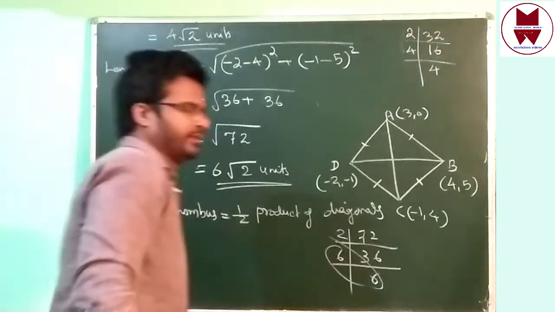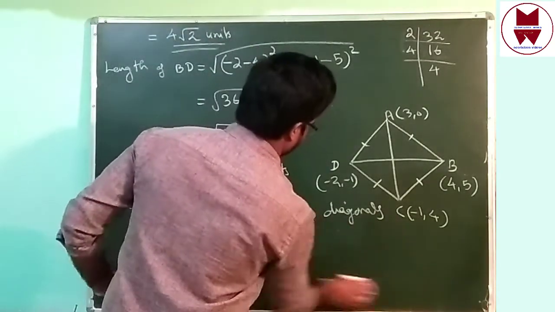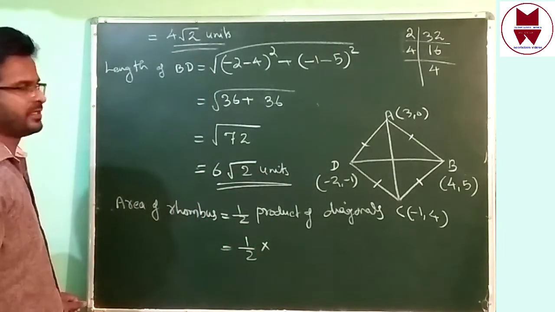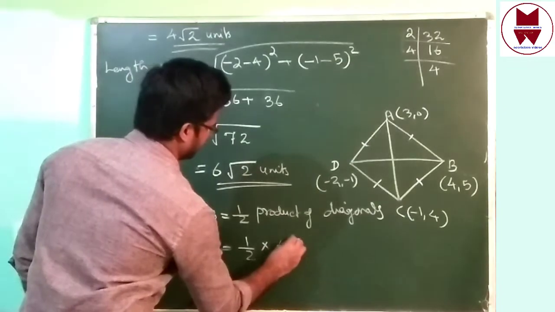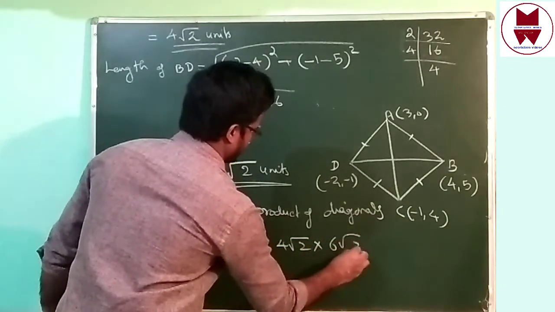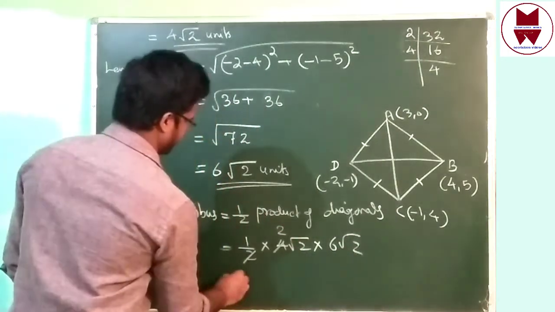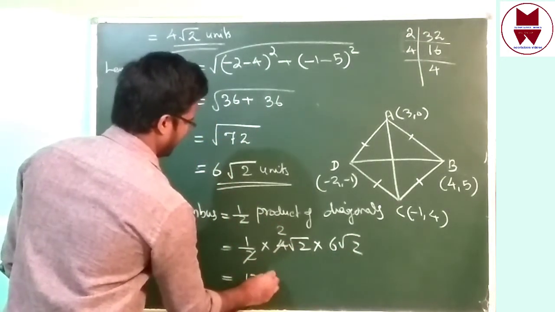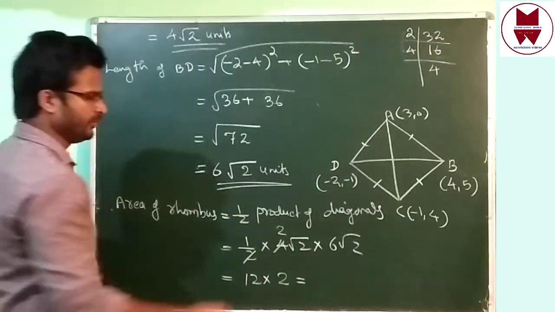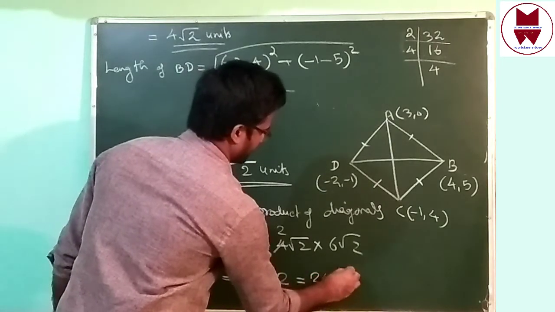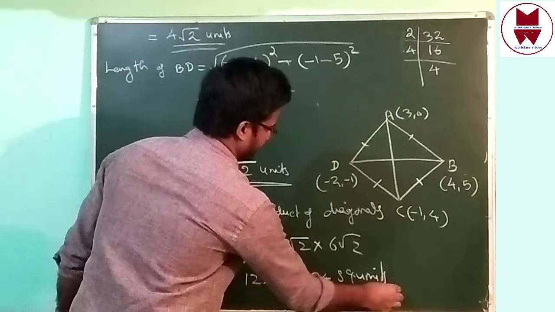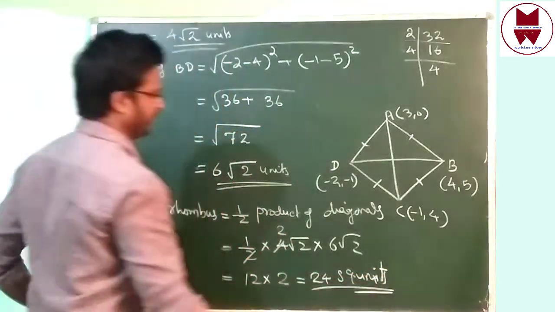Already given in the question, that hint, 1 by 2 product of diagonals. 1 by 2 into length of first diagonal 4 root 2, then second diagonal 6 root 2. Cut 4 and 2, 2 times. 2 into 6, 12, into root 2 into root 2, we can write 2. Then 12 into 2, 24 square units. We got answer 24 square units.